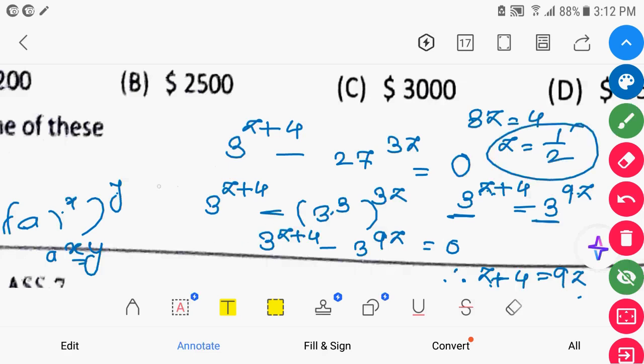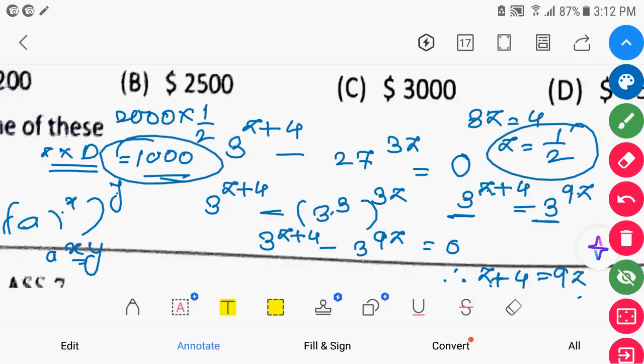Okay, now z should be multiplied to the deposit to get the interest amount. So the deposit is $2,000 and z is 1/2. So the interest is 1,000. Now the total amount in the bank account is this 2,000 plus this interest amount, that is 1,000, which is the total amount which is there in the bank account.